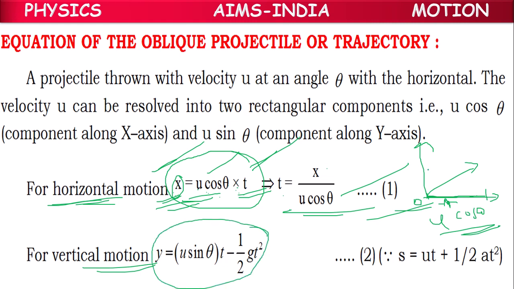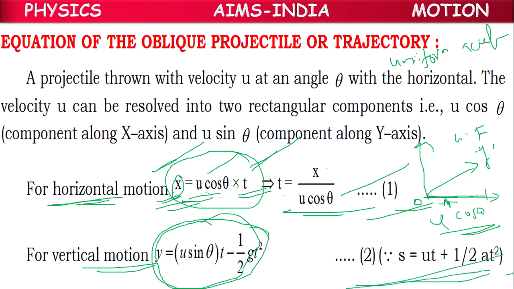It is traveling with uniform acceleration, created by gravitational force, or acceleration due to gravity. So we have to take the equations of motion, the equations for uniformly accelerated bodies. With normal equations we cannot write it.